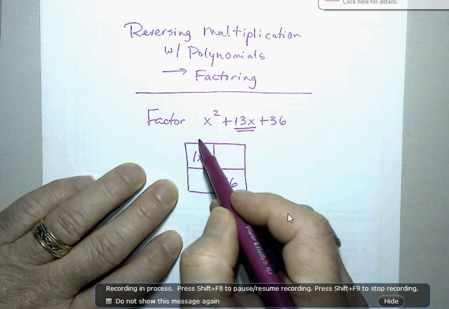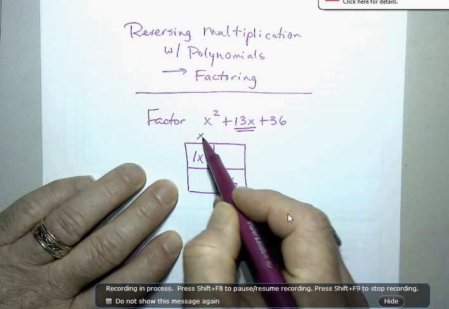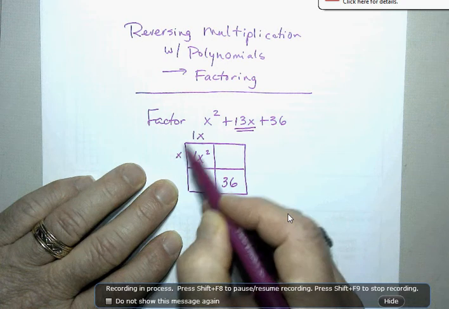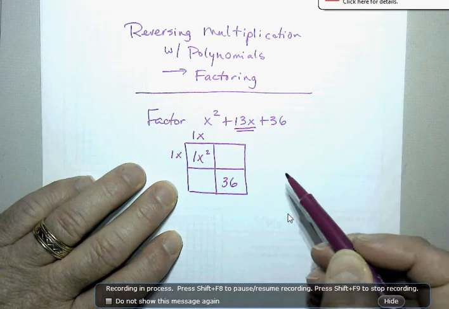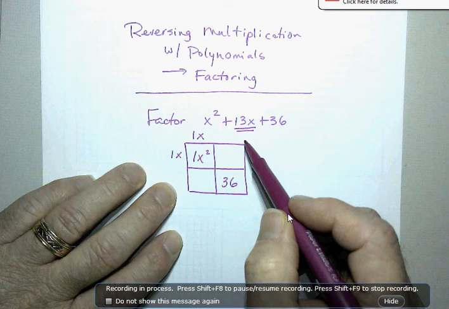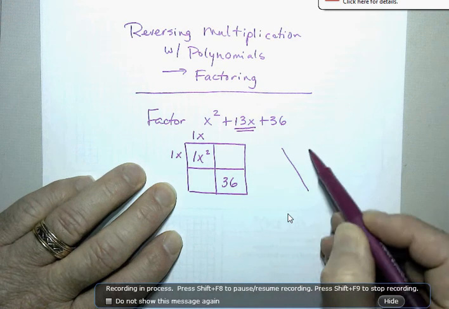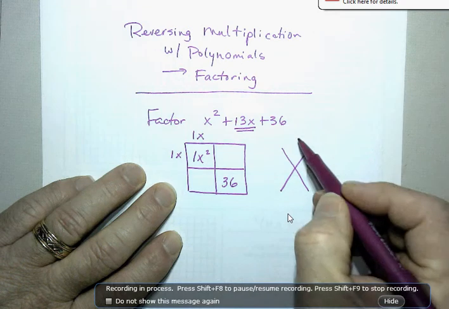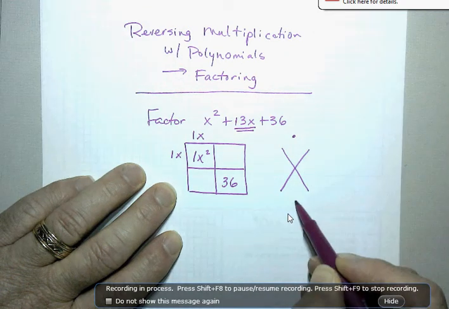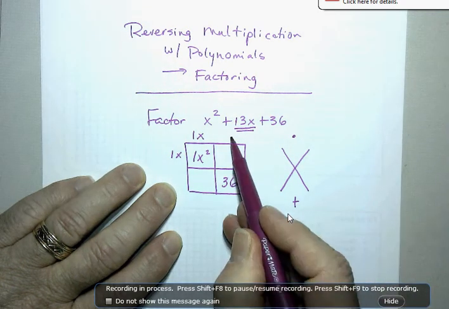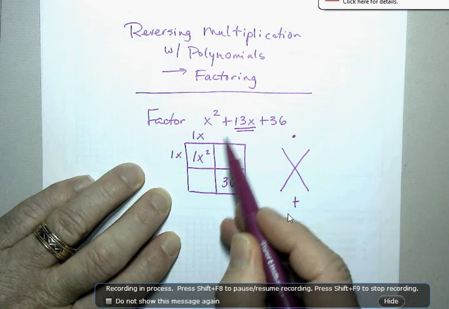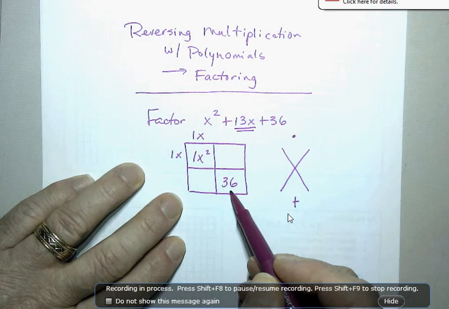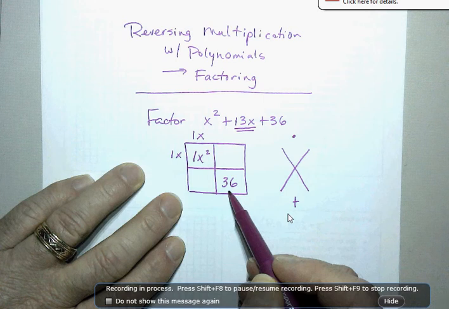Now, it's pretty clear that 1x times 1x gave us 1x squared here. But we now need to think about, and we have a little graphic organizer here, two things that gave us 36 when we multiplied.